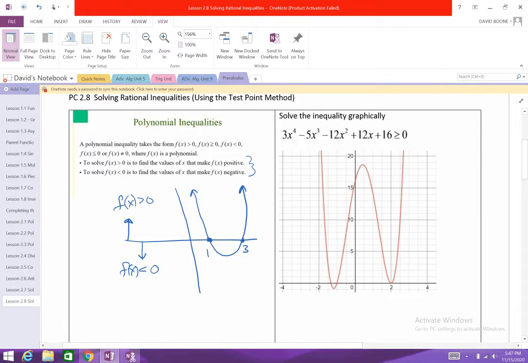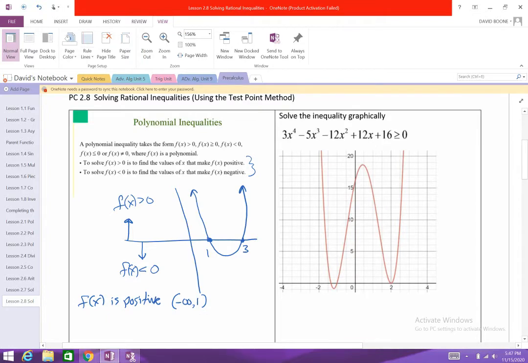Okay, so in this situation, what we could say is that f of x is positive on this interval from negative infinity all the way up to 1. That's where it's all positive, up to 1, because it's below here, that's where it's negative.